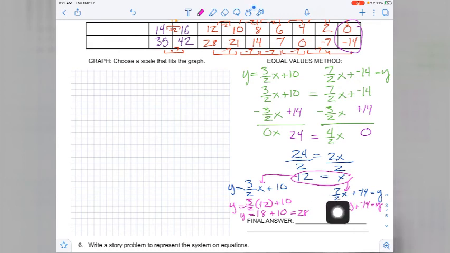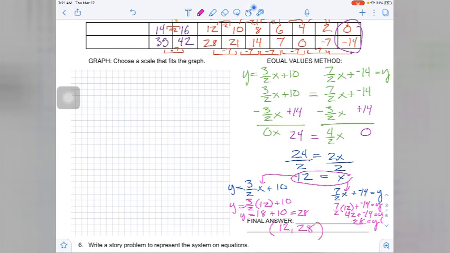This time I'm going to do it a little differently. I know that when I multiply by fractions, I divide by the bottom and multiply by the top. So I do 12 divided by 2, which is 6, times 7, and that makes 42 plus negative 14, which also equals 28. So yay, now I know that my table is going to show 12 and 28, and my final answer is 12 and 28.